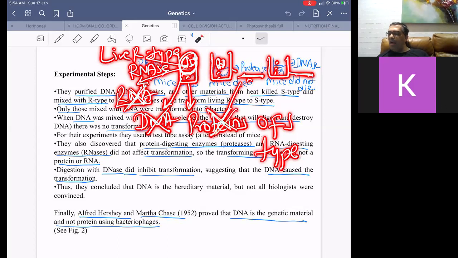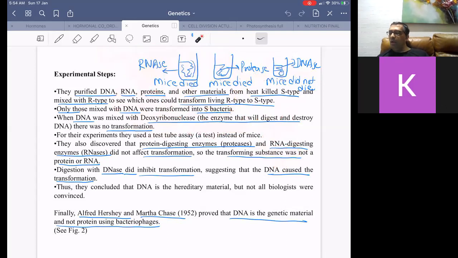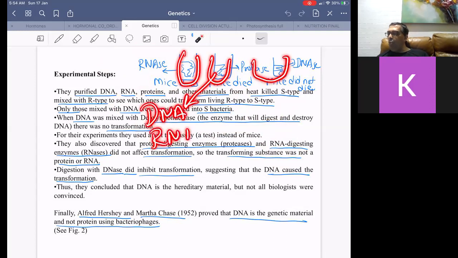So DNA and RNA were constant, as it is, and proteins were destroyed by protease.